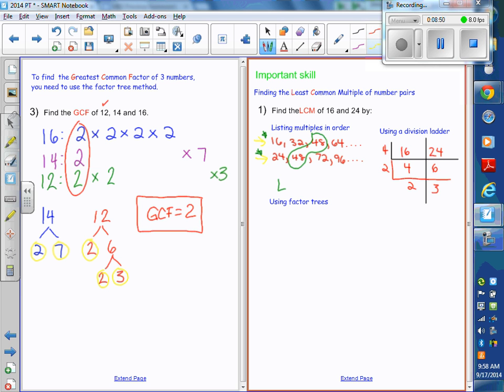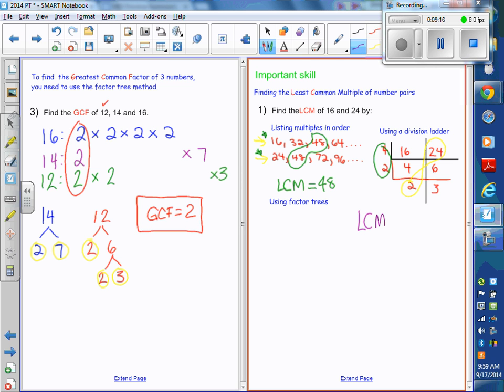So we say the LCM is 48. Or you could go to the division ladder, which we started a few minutes ago for the GCF. That's where we found the GCF to be 8. But we can use the division ladder by taking the bottom of the division ladder and multiplying it by the top of the opposite side to get the LCM.